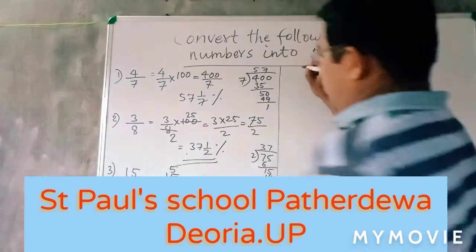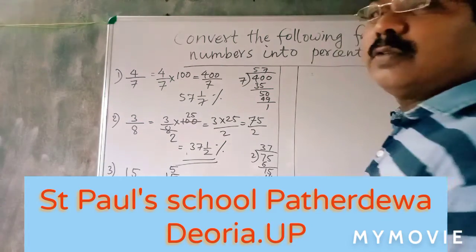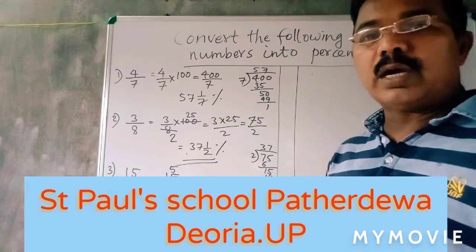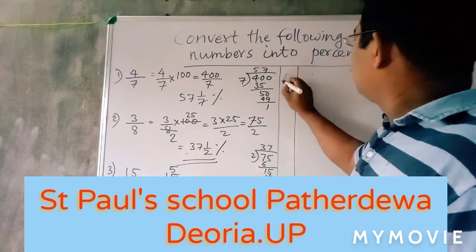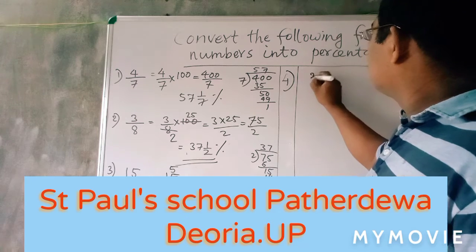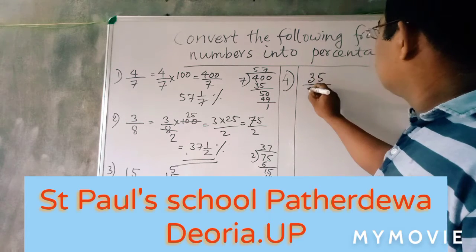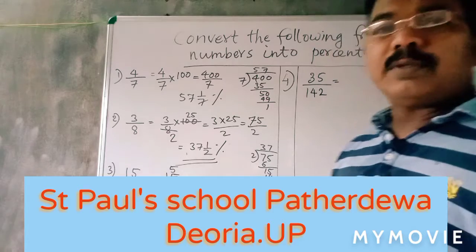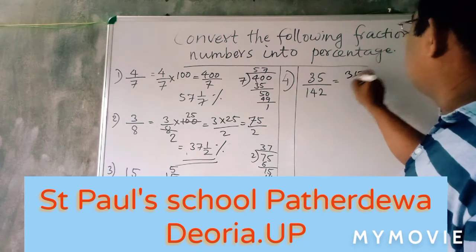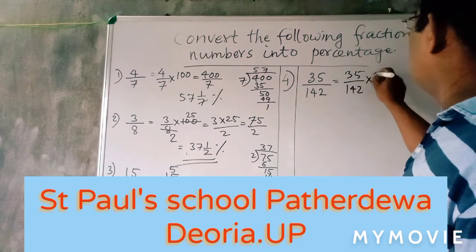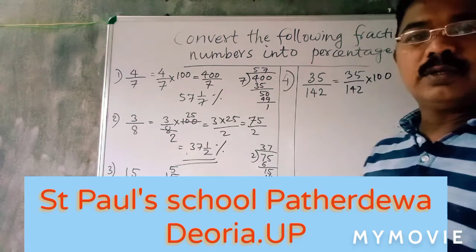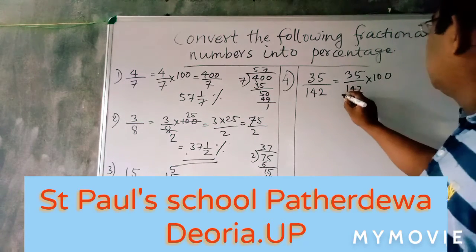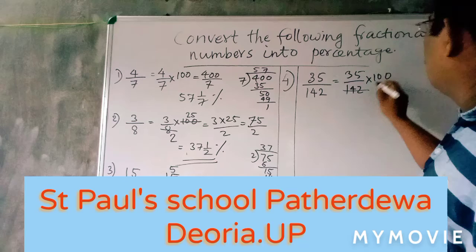More examples I am going to give you. It is very easy and you can do it without any difficulty. How many percent is this? 35 by 142 into 100. Both of these can be divided by 2.